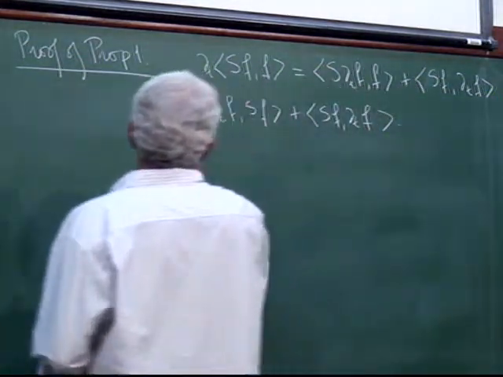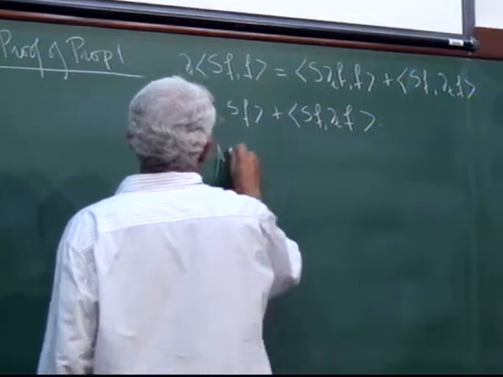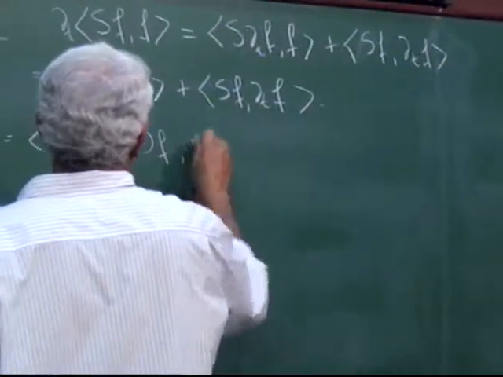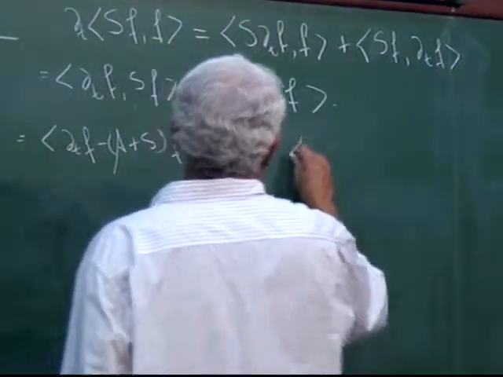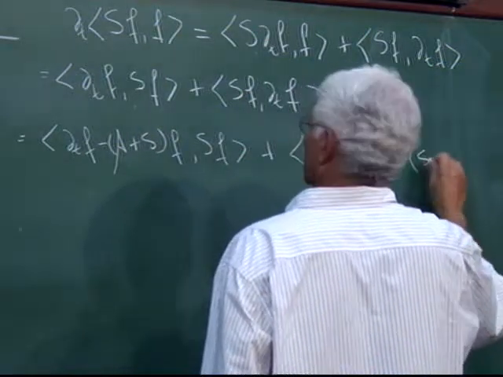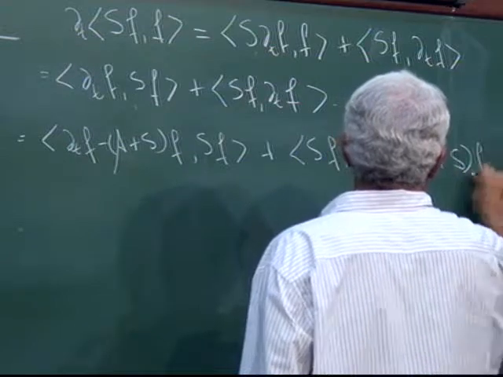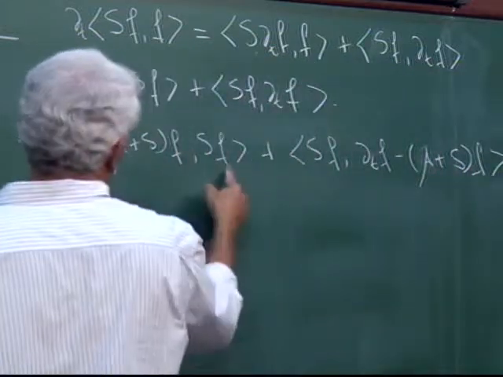S is symmetric, then I'm going to write this in this way, dt of F minus A plus S of F, plus S of F, St of F minus S. And then you subtract this quantity you added.